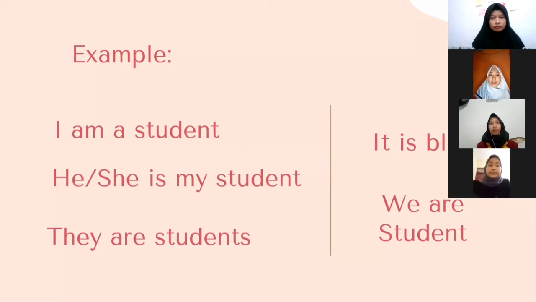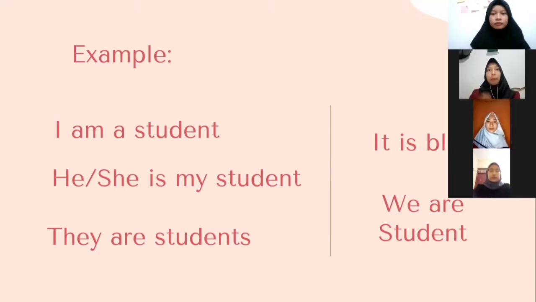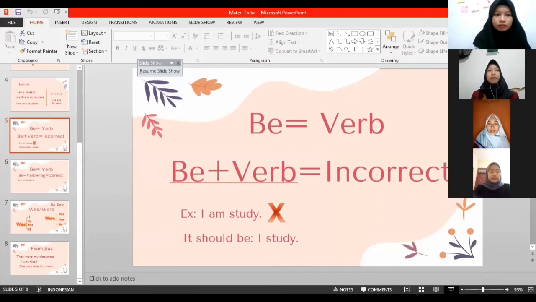Like I'm a student, I am a student. She is my student. And then they are students. There is no verb in here, right? So we can use to be in this sentence. So to be here is the verb. Okay. So far, any questions, everyone?